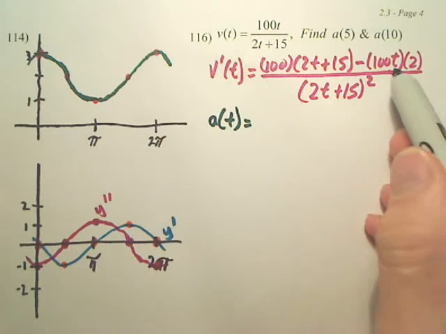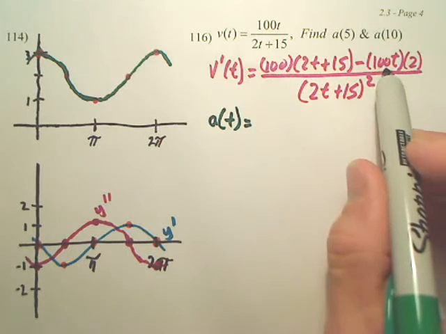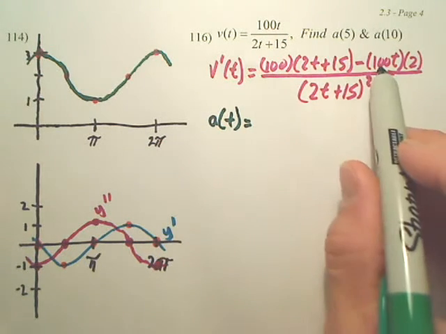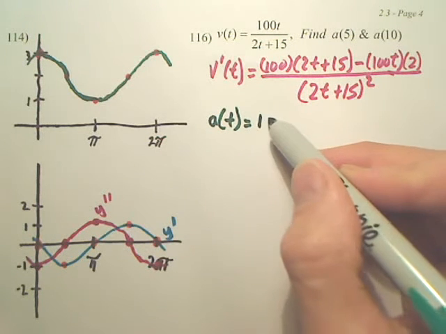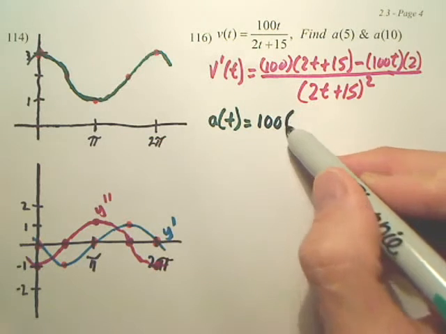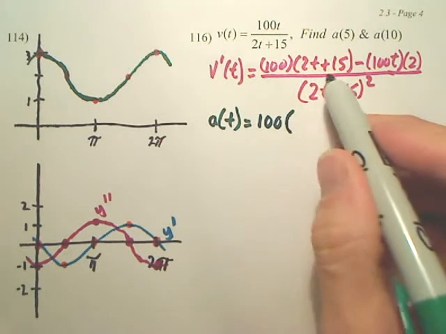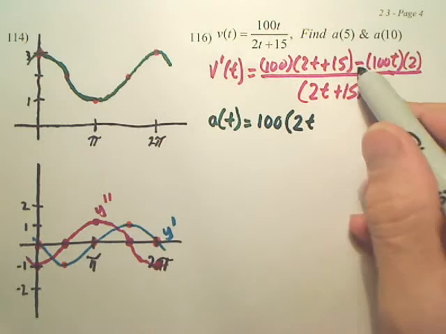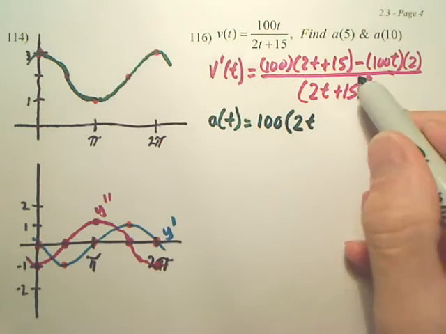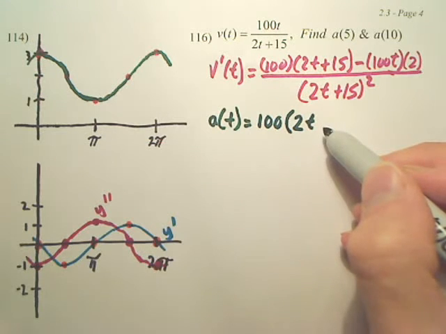And then I'm going to simplify the top. Now, real quick, do you understand there's 100 in both of these? So I'm actually going to leave the 100 out front. And then, isn't this 2t? And then isn't that 15 minus 2t? Because I broke the 100 out.